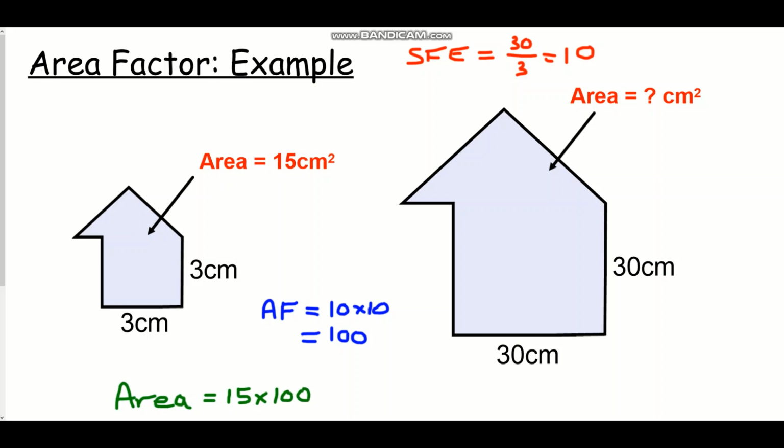So our final answer is that this bigger shape has an area of 1,500 centimeters squared. It's a nice little reminder of what you have to do to the area factor is the fact that areas are always measured in centimeters squared. And to find the area factor, you square the scale factor.